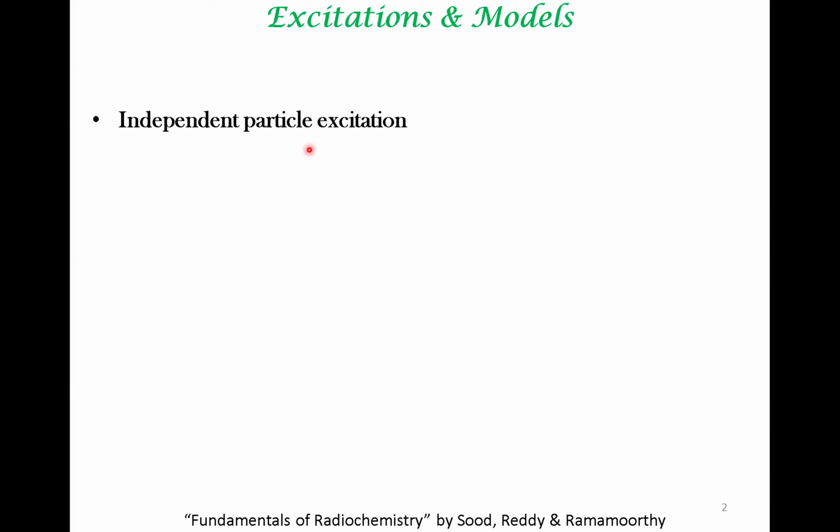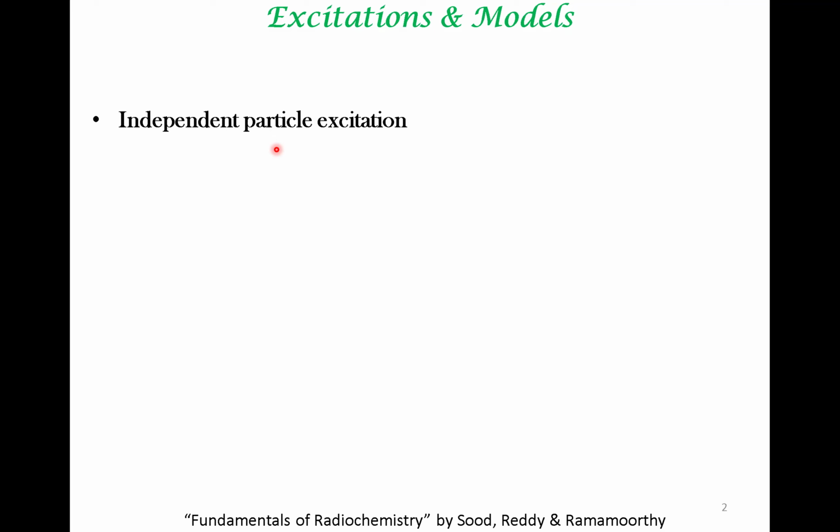So there is one class of particle. Many a time we can model, for example, electrons in an atom using independent particle excitation, in the sense that each electron moves in a mean field provided by the nucleus and the rest of the electrons.